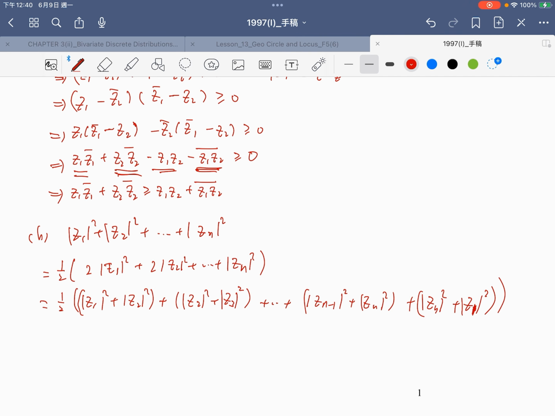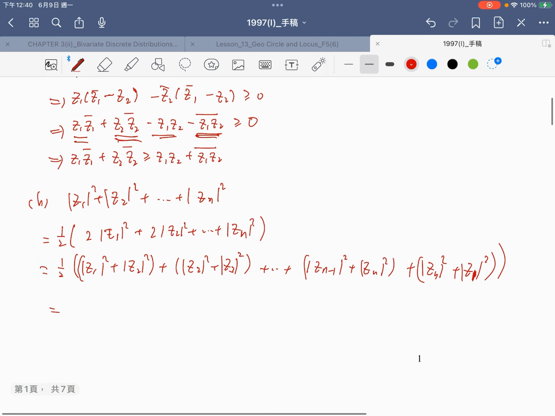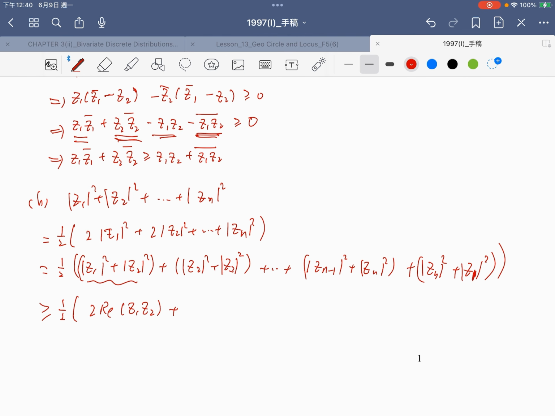Then finally, by part A, this is greater than 2 real part of Z1 Z2. This is greater than 2 real part of Z2 Z3. And so on.